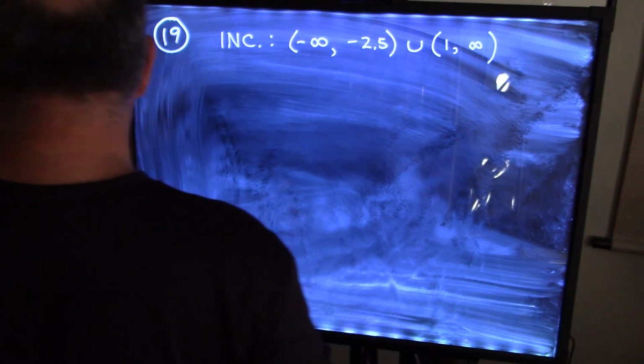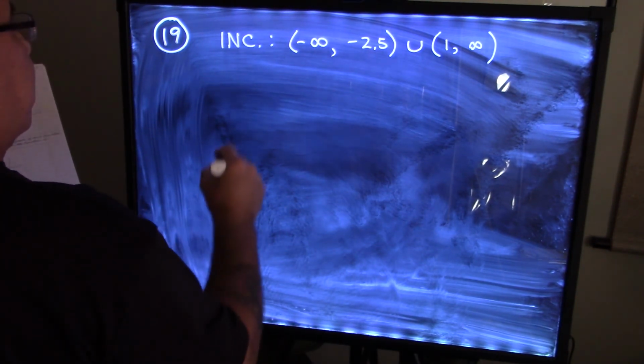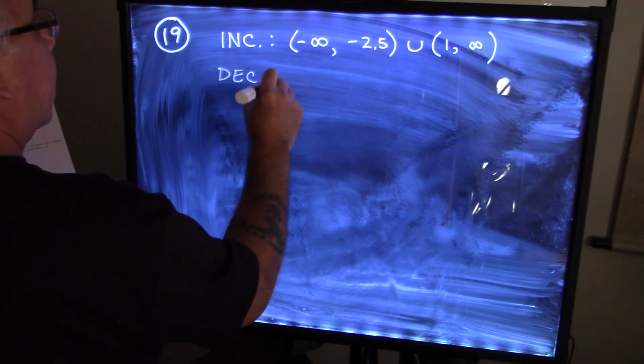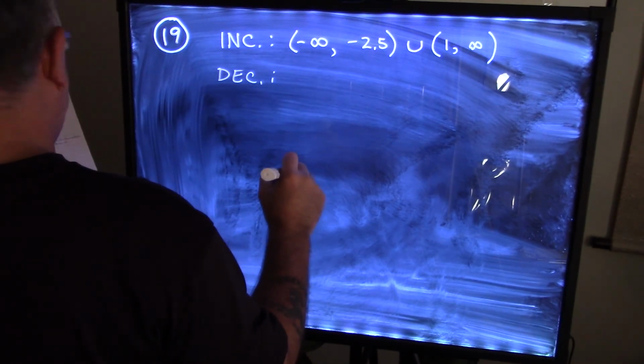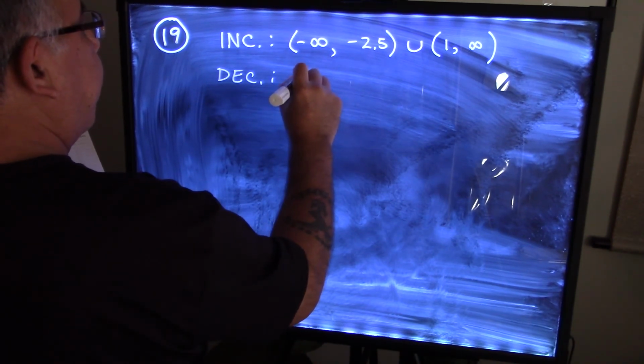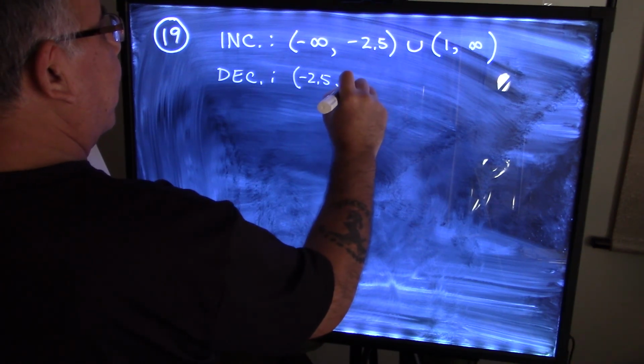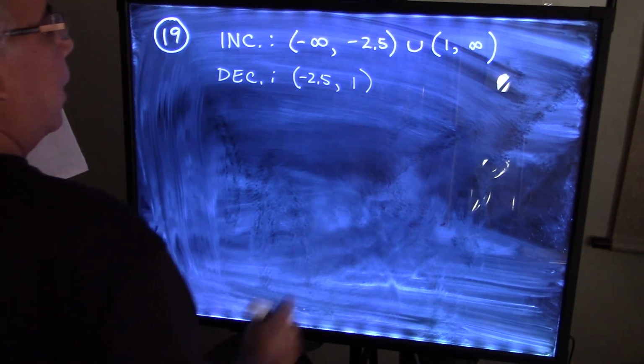And it's decreasing between negative 2.5 and 1 on the x-axis there, negative 2.5 and 1.